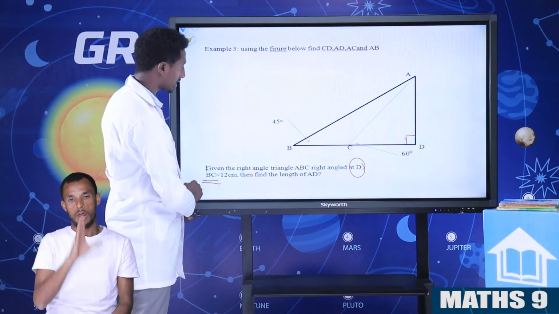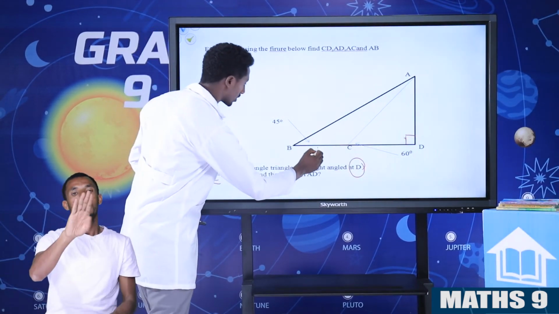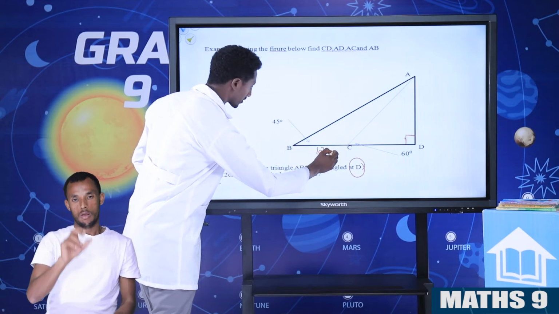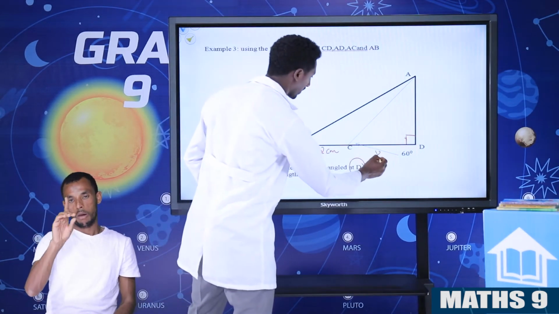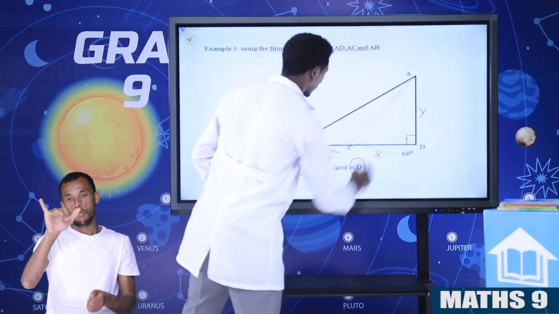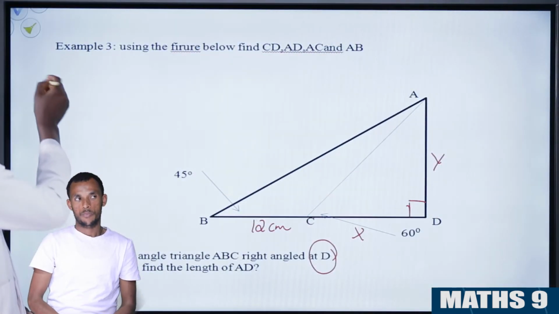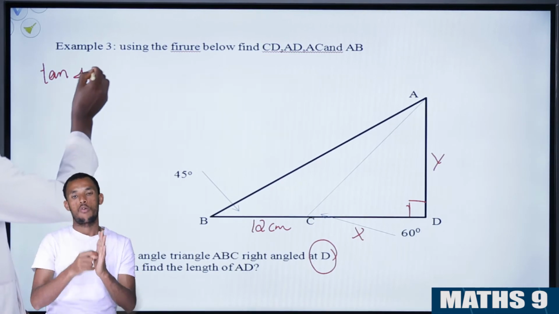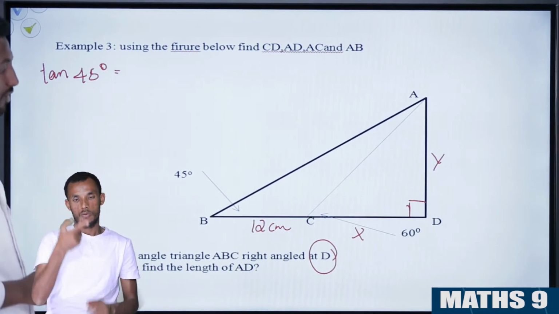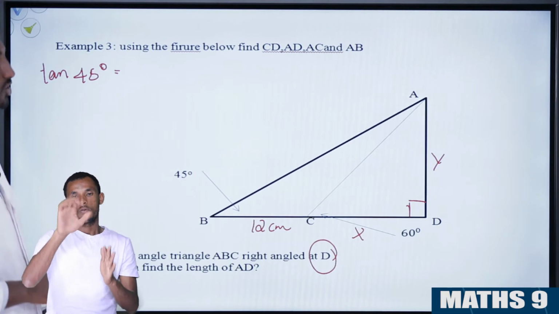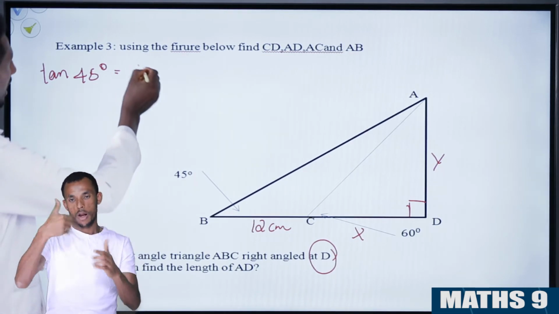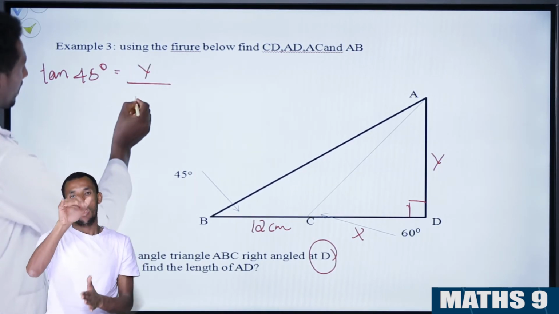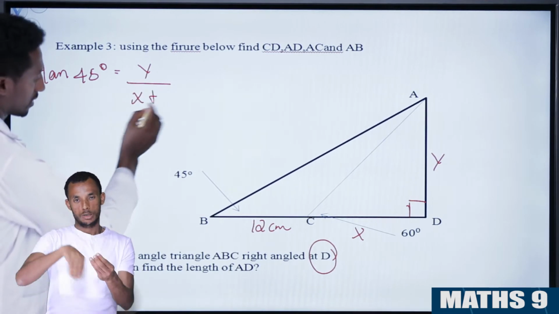Another given here is BC, which is 12 centimeters. Let's denote the sides with the variables x, y. So let's apply this. What is tan of 45 degrees? From the definition, tan 45 degrees is opposite over adjacent. That's y over x plus 12.